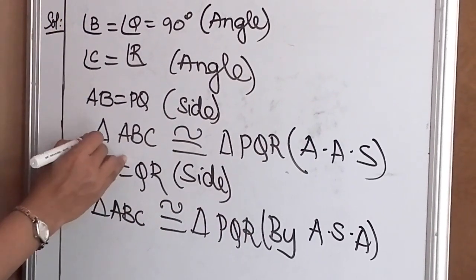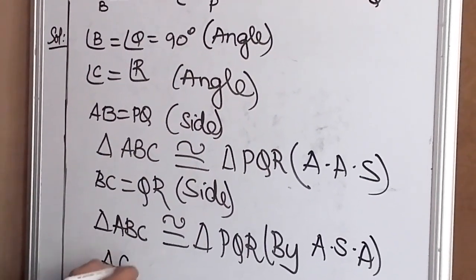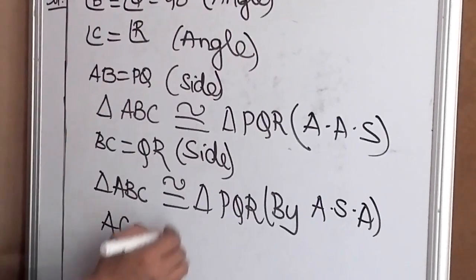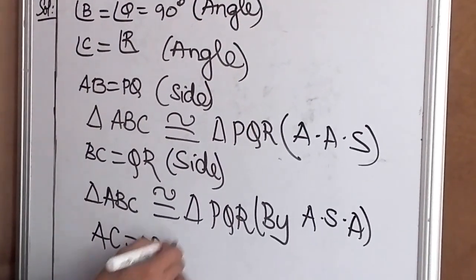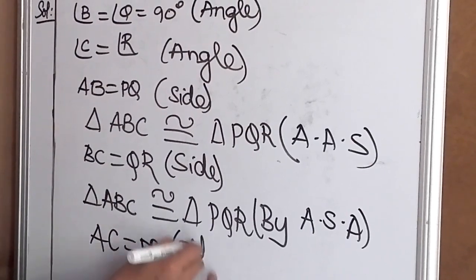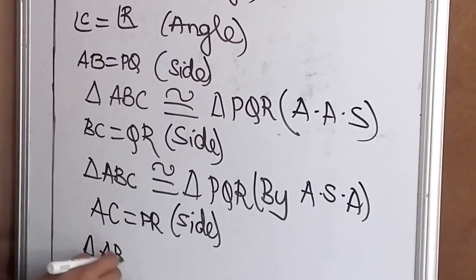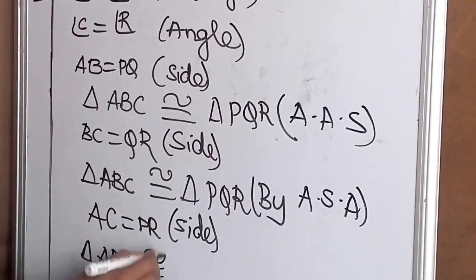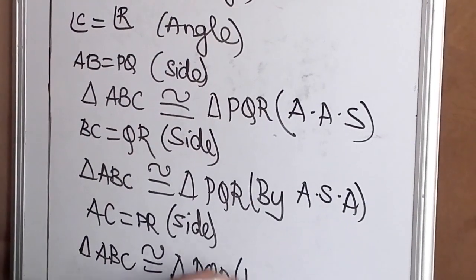Now let us take the last case where we are going to consider that AC is equal to PR. This is one side. Triangle ABC is congruent to triangle PQR. What is the condition?